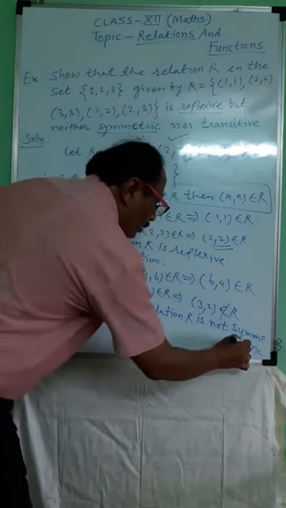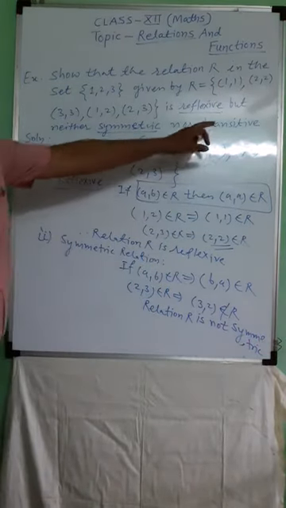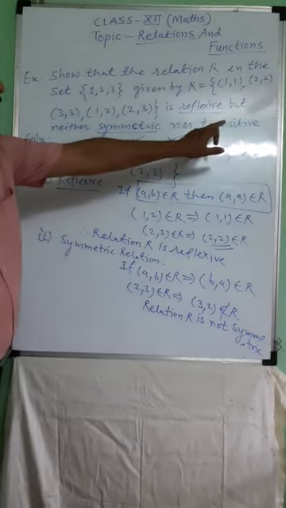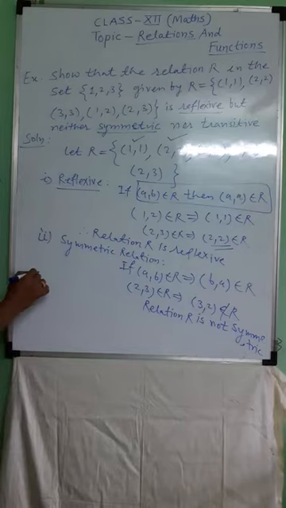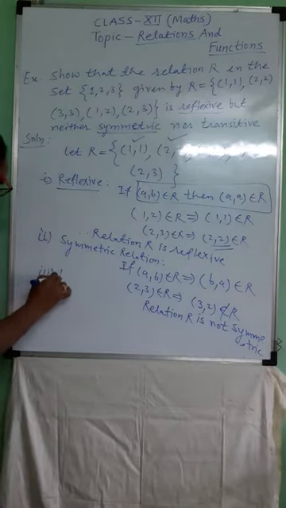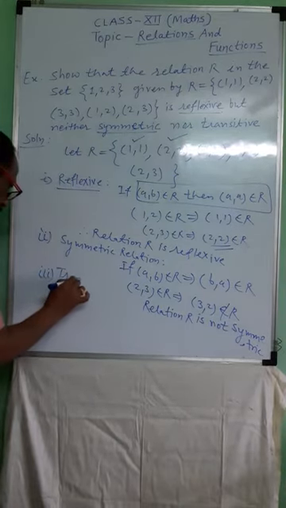Then the third point is about transitive relation. Transitive relation means what? Number 3, transitive relation.